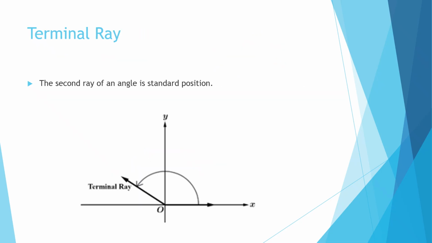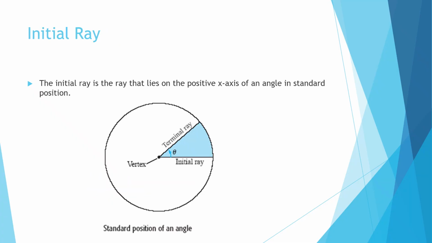The second definition is terminal ray, and that's going to be the second ray of the angle in standard position that's not on the positive x-axis. So in this case, this right here is the terminal ray, that ray there. The other ray that lies on the positive x-axis is going to be called the initial ray.